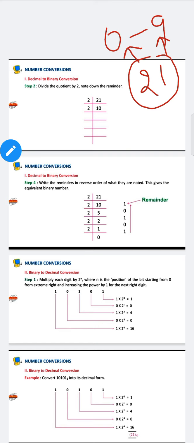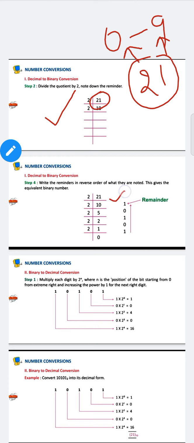If we want to convert 21 into the binary number system, we have to make the base of 21 into 2's, so we have to divide it by 2. 2 tens are 20, so 21 will go on 10 on 2's table, and the remainder will be 1.